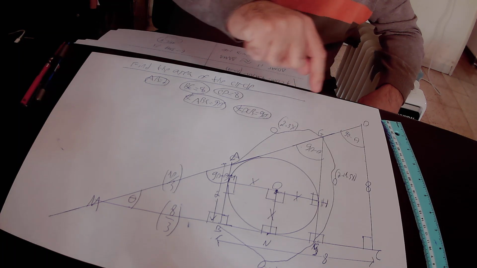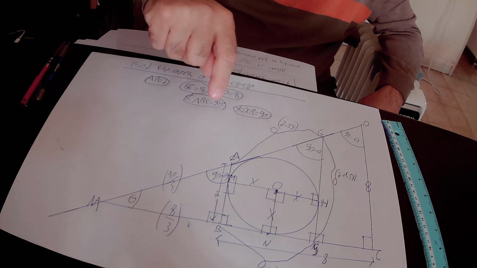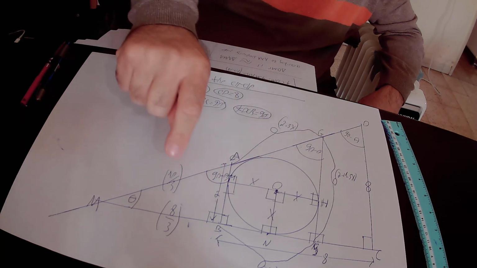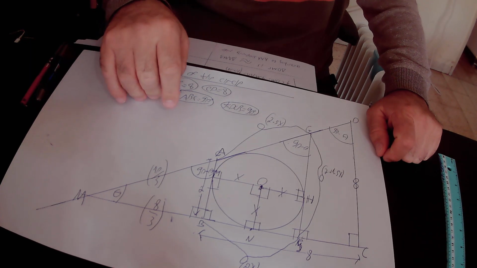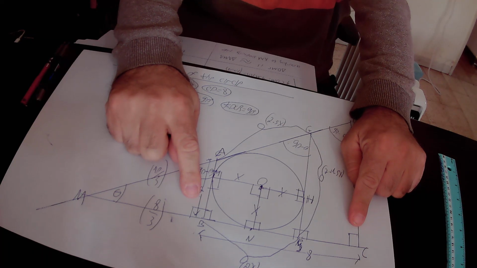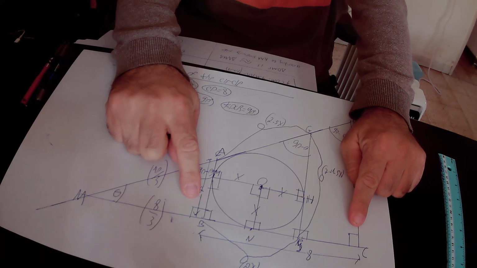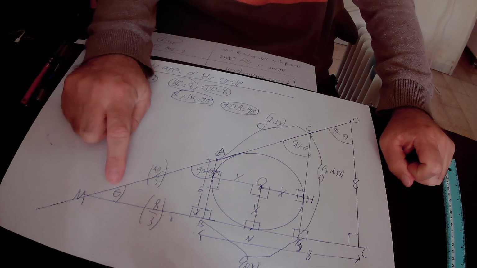Then we prove that the big right triangle MDC is similar to the small triangle ABM. So why are those two triangles similar to each other? First of all, those two angles are both equal to 90 degrees, therefore they are equal to each other. In addition, this is angle theta, a common angle that belongs to both triangles, so angle theta equals itself.